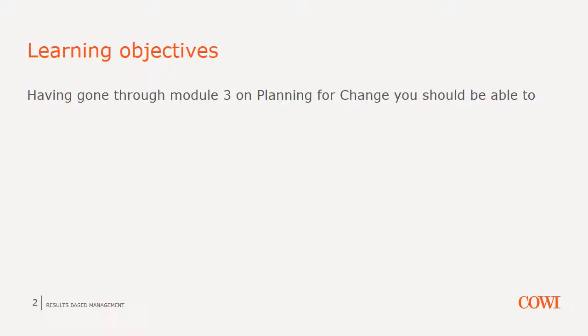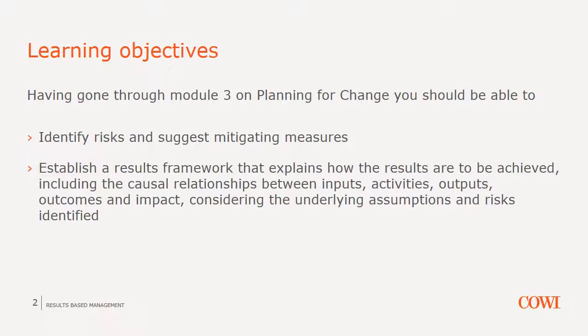Having gone through Module 3 on planning for change, you should be able to identify risks and suggest mitigating measures, and establish a results framework that explains how the results are to be achieved, including the causal relationships between inputs, activities, outputs, outcomes, and impact, considering the underlying assumptions and risks identified.